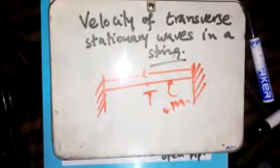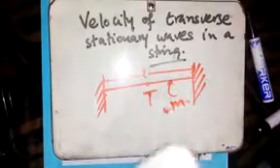Experiment says the speed of this string depends on the following. The speed of the string in a transverse stationary wave depends on the following. One, it depends on the length of the string, L. How?